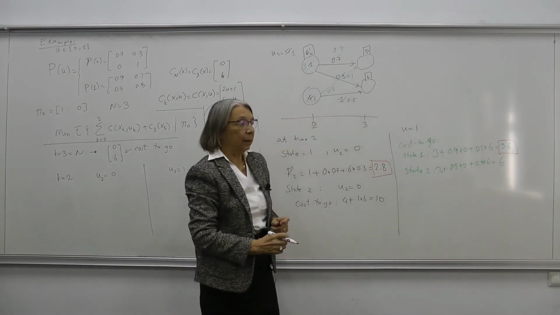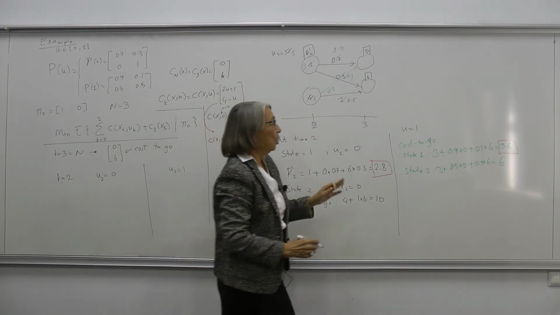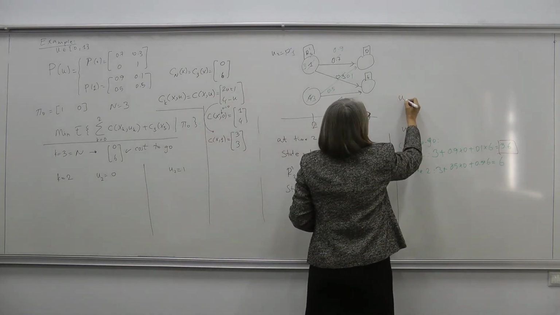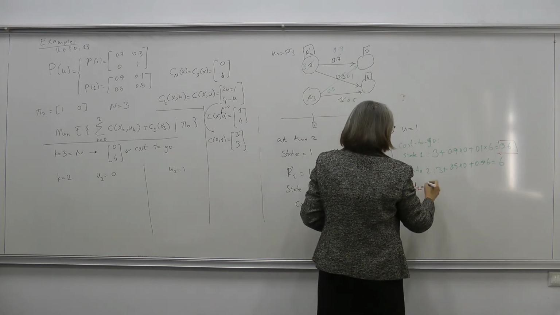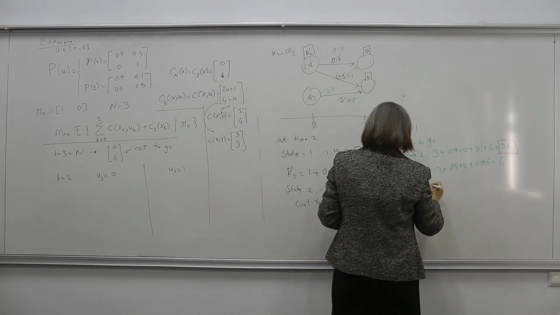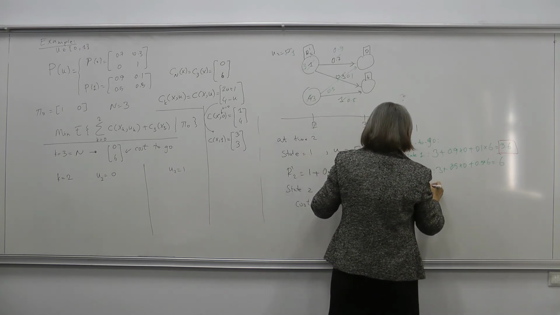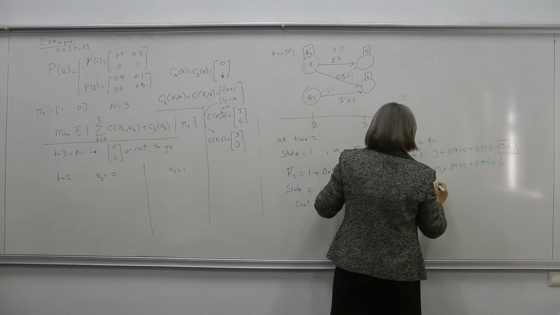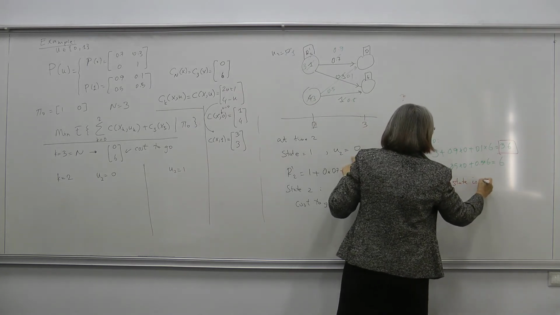We observe that 2.8 is smaller than 3.6, so our decision U2, since time is equal to 2, is the input 0 if the state is 1.